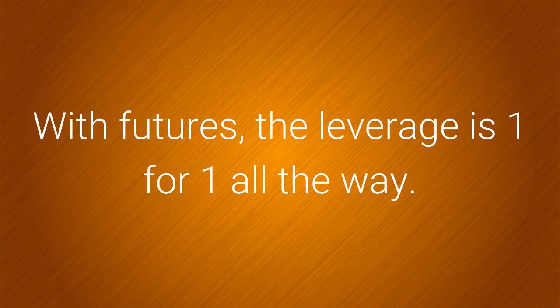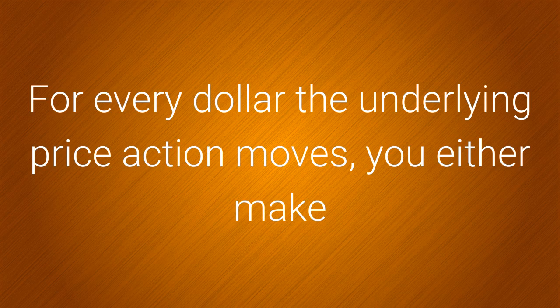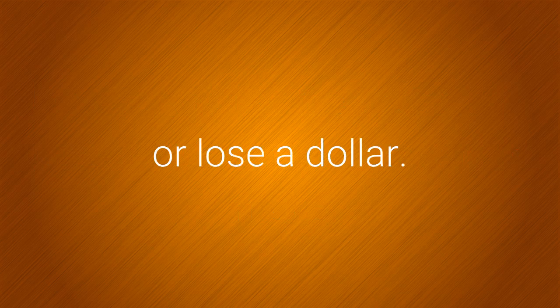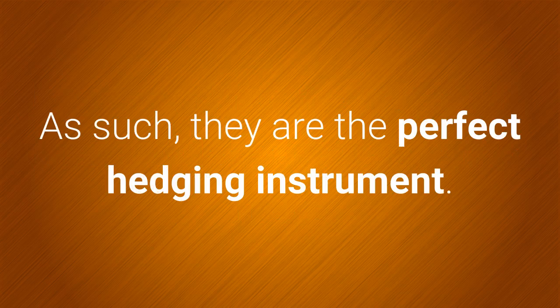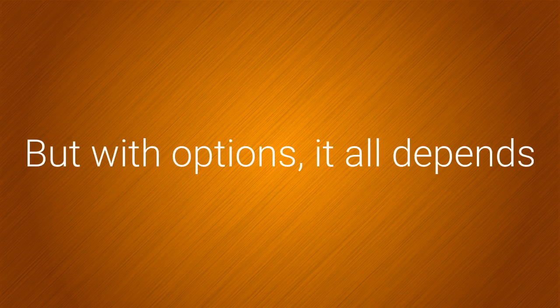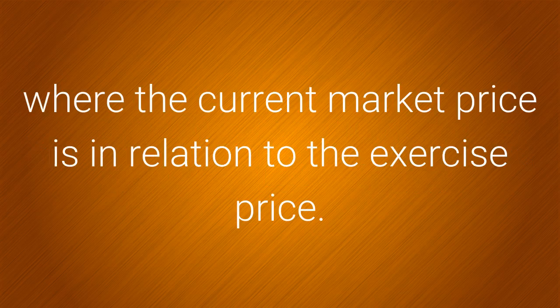With futures, the leverage is 1-for-1 all the way, multiplied by whatever the contract covers. For every dollar the underlying price action moves, you either make or lose $1. As such, they are the perfect hedging instrument. But with options, it all depends where the current market price is in relation to the exercise price.